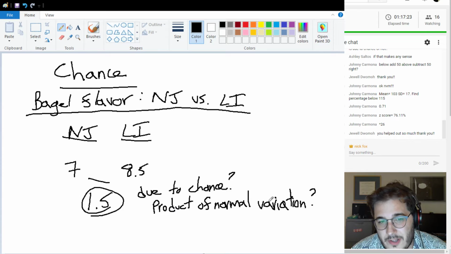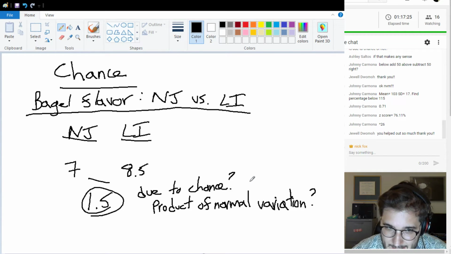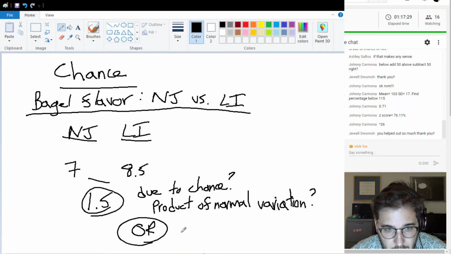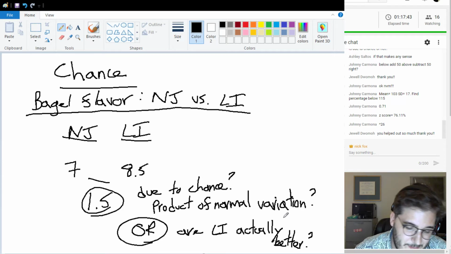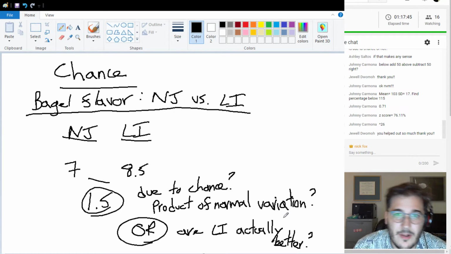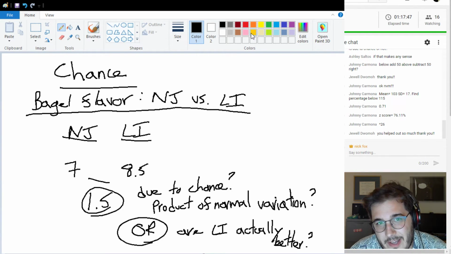Is it just due to the normal variation that exists in the tastiness of bagels, or are Long Island bagels really much better? Now, I know where I fall on this spectrum. I think it's the latter, but we can test this statistically, right?